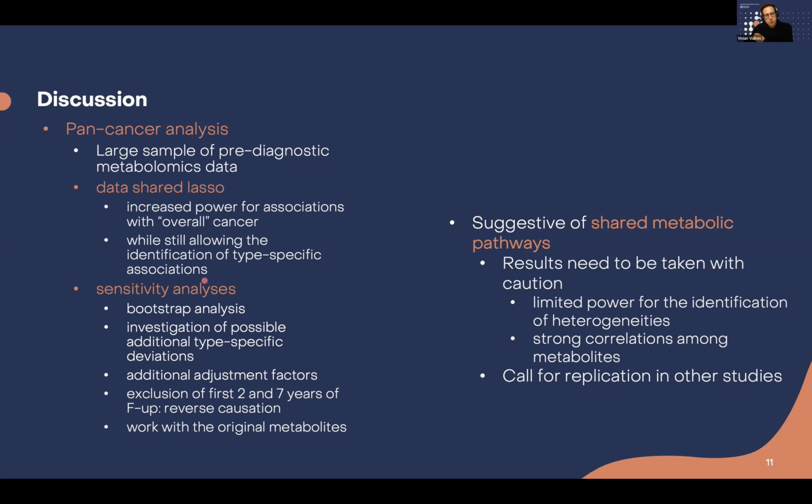I didn't get the chance to go through all of them, but we also performed a number of sensitivity analyses to check the robustness of our results. Overall, we observed that our results were pretty robust.